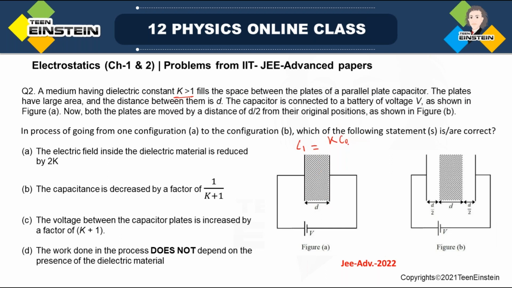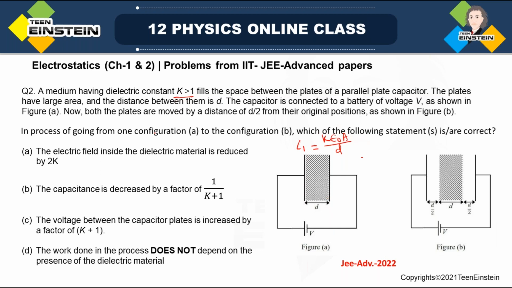So this C0 is epsilon 0 A by D, where A is the area of the plate and D is the separation. So ultimately K epsilon 0 A by D will be the capacitance of this configuration.